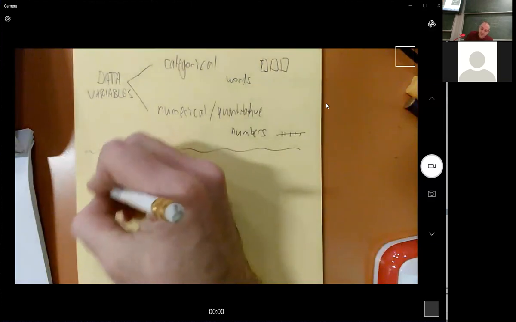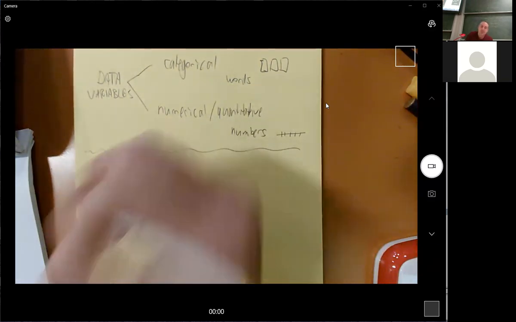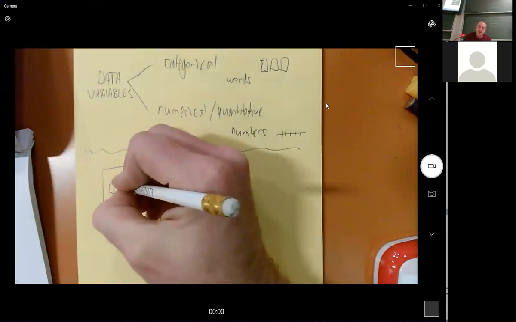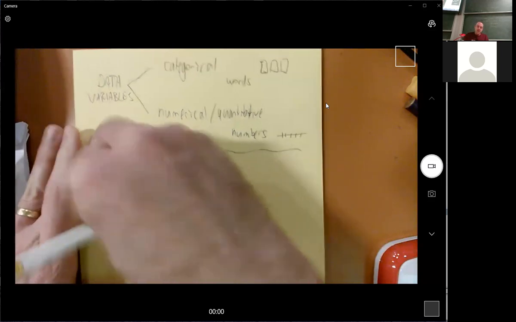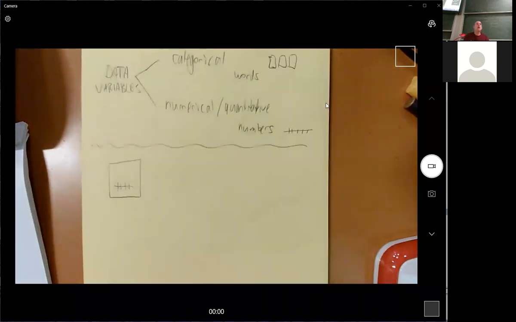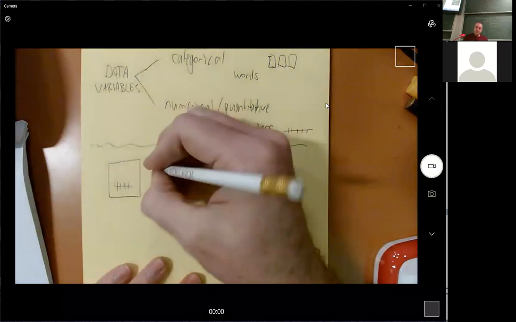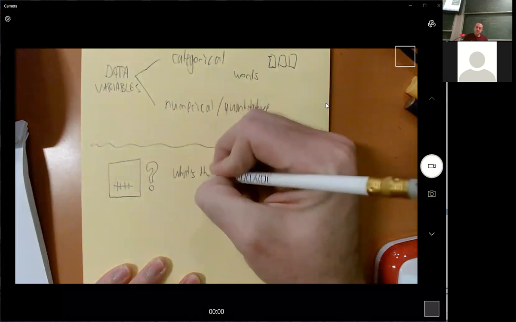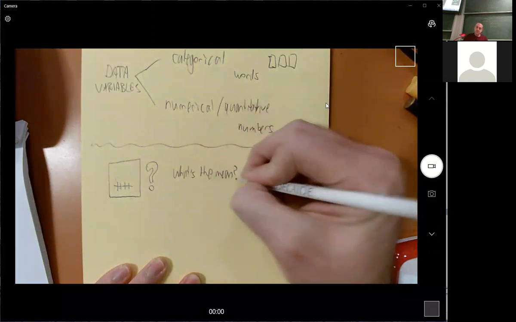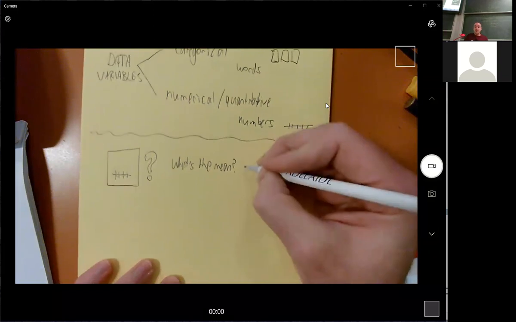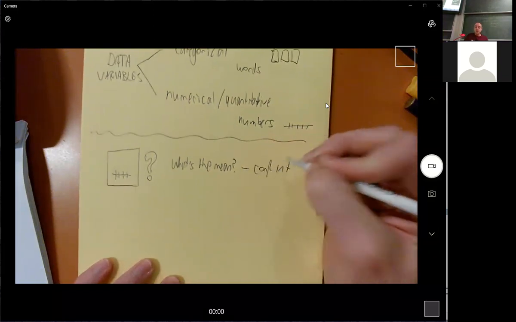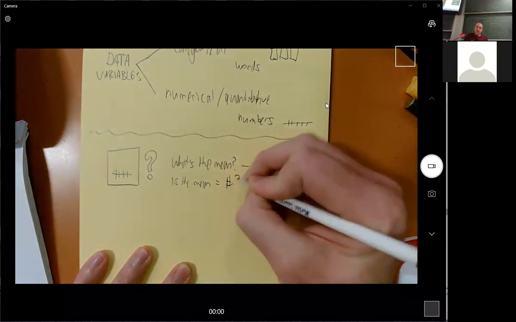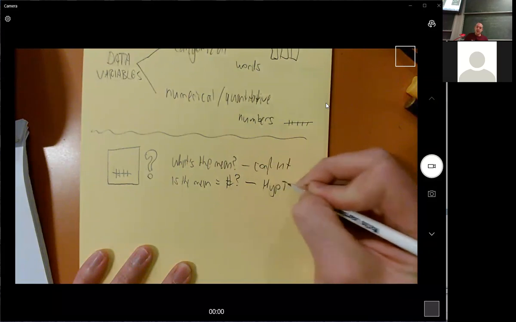First question. This box is the variable. So if you have a variable that is a number, and you want to know what the mean is, that would be a confidence interval, or is the mean equal to this particular number, that would be a hypothesis test.